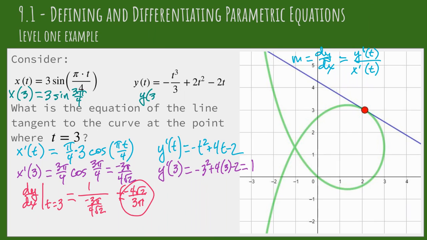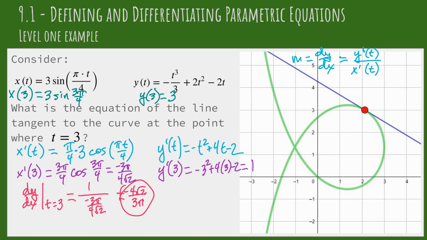And y of 3, if we plug 3 in there, it ends up being -9 plus 18 minus 6. That ends up being 3. That simplifies a little bit easier.